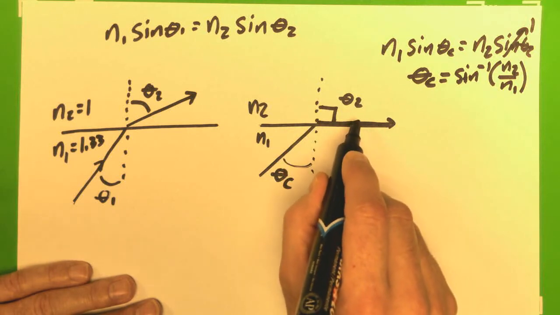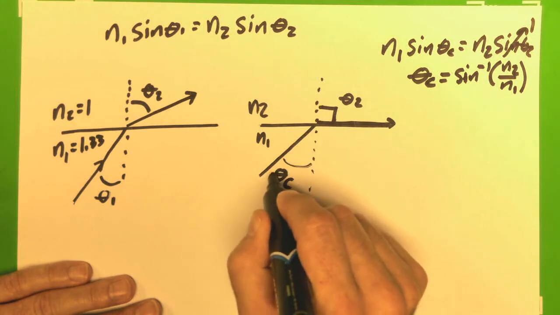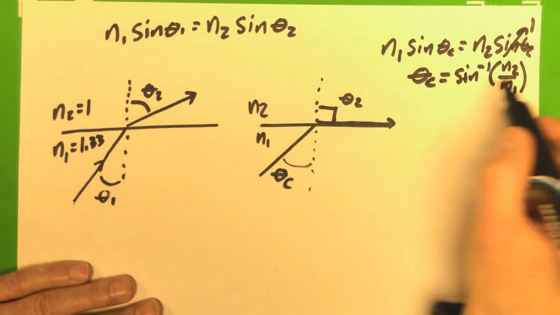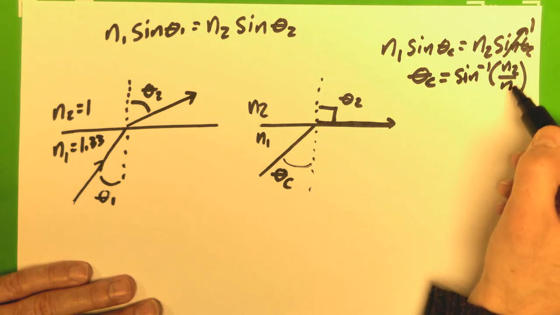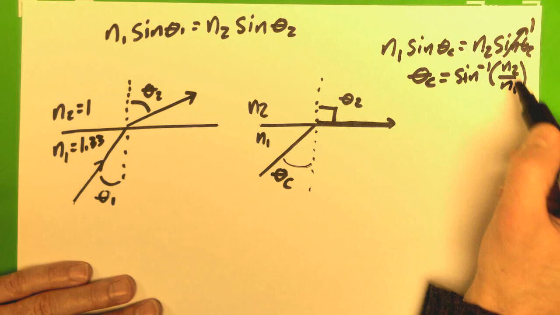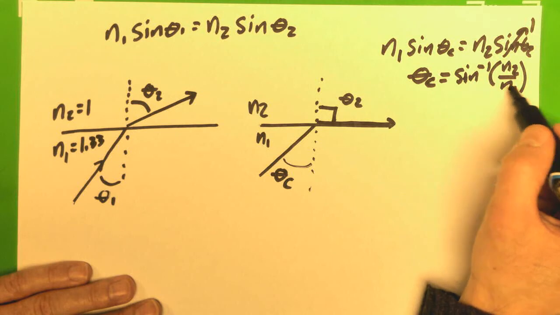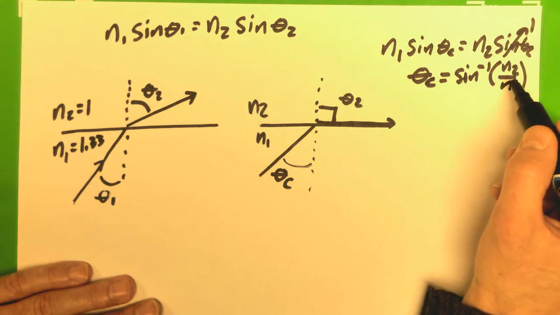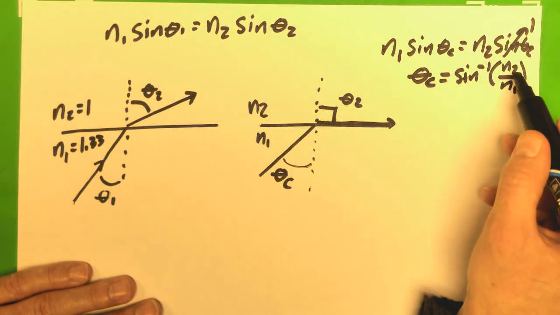And so the theta critical can only happen if n2 is less than n1. Well, mathematically, the argument of inverse sine must be a fraction less than 1. Otherwise, it doesn't work. So this is mathematically correct, and also another way to help me check my physics.